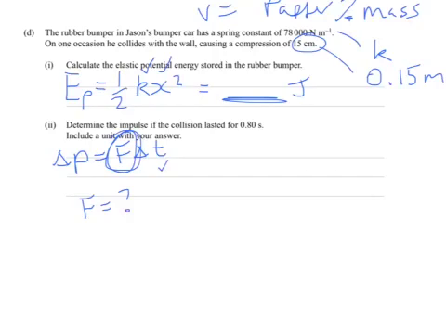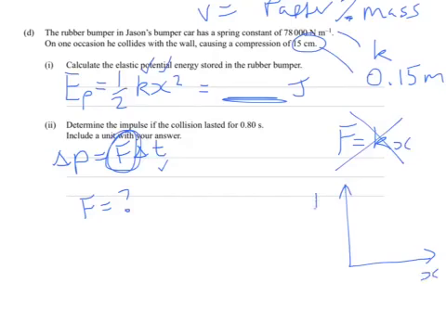You might think it's as simple as just doing F equals kx, but that would be wrong. You can't do that. The reason you can't do that is the force is not constant at that value to produce that extension of 15 centimetres or compression of 15 centimetres. So for the extension or compression, you would have a varying force.